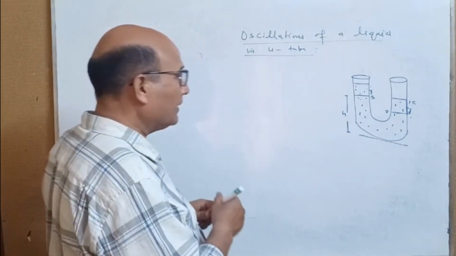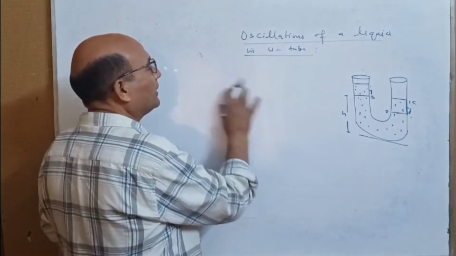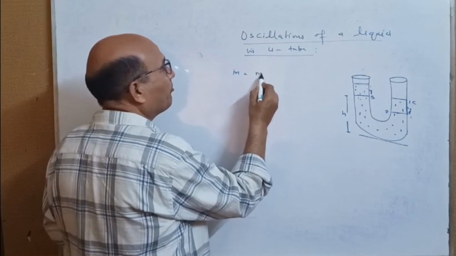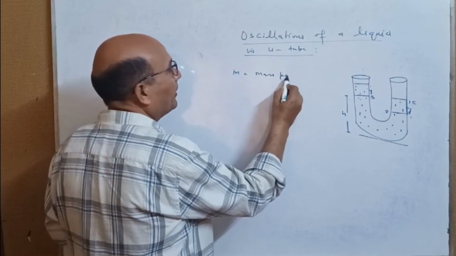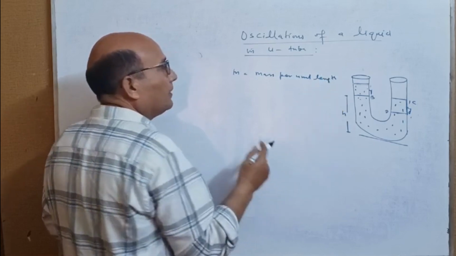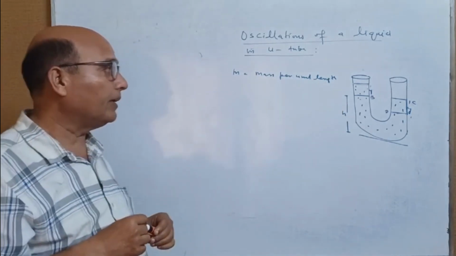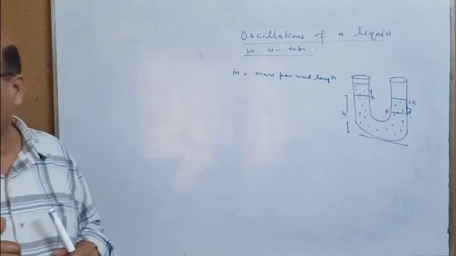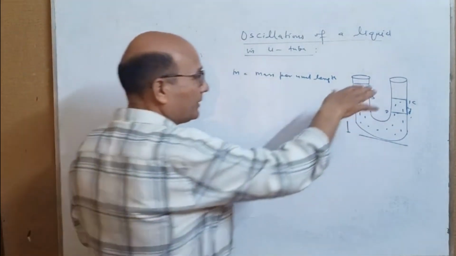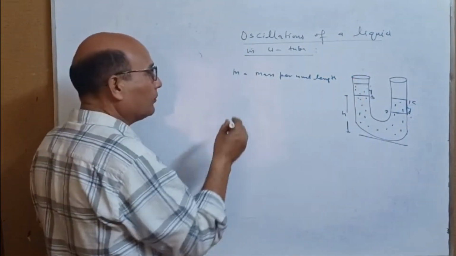We will consider the length of the liquid. Here m stands for mass per unit length, that means the mass of the liquid in the unit length. Try to understand these things. So when we are compressing it, what is the restoring force?